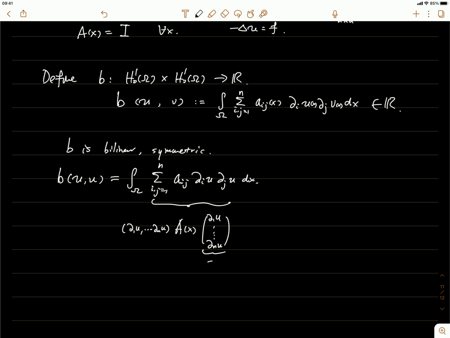Basically this is just the gradient of u, treated as a column vector at every point x, an n-dimensional vector, and the same vector here, but I put it as a row vector. So it's gradient u transpose times A(x) times gradient u. For every point, this is an n-dimensional vector, this is an n by n matrix, and then an n-dimensional column vector. We know that the property of A is that this is bigger than or equal to delta times the squared norm of gradient u, for every fixed x.